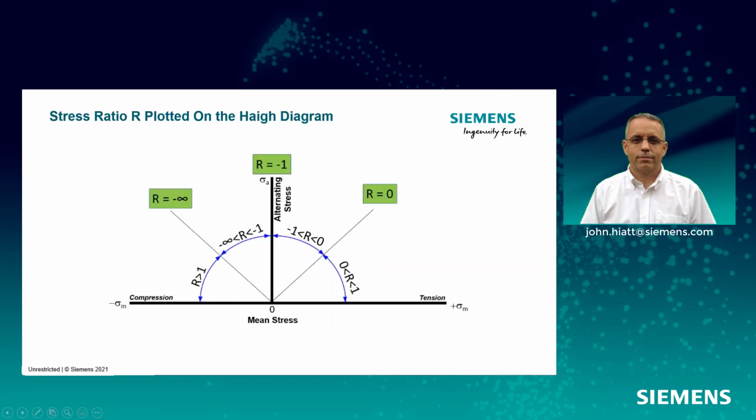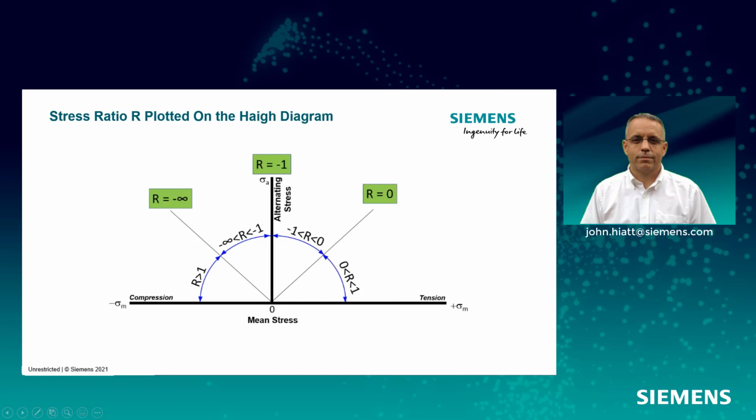There's another way to look at this. I think it's a little bit easier to understand, and what we're going to do is use the Haigh diagram. The Haigh diagram is used a lot in durability. It's used a lot in infinite life analysis.